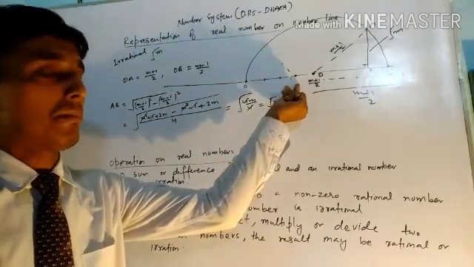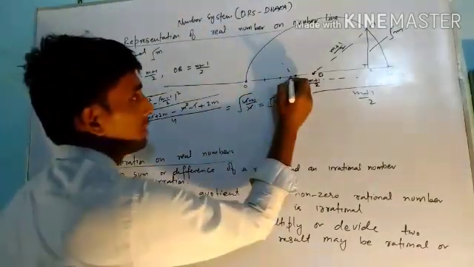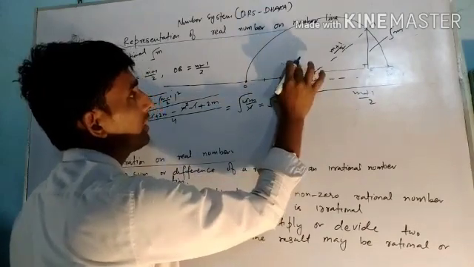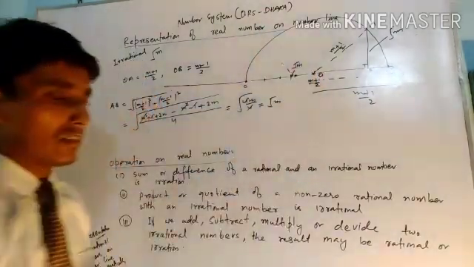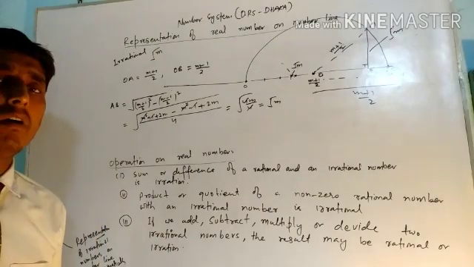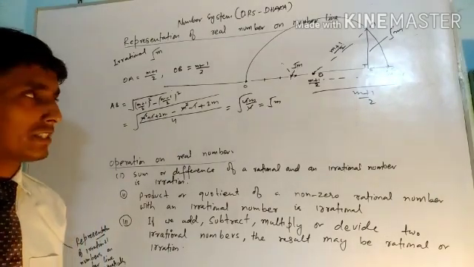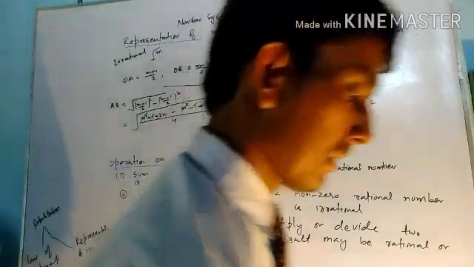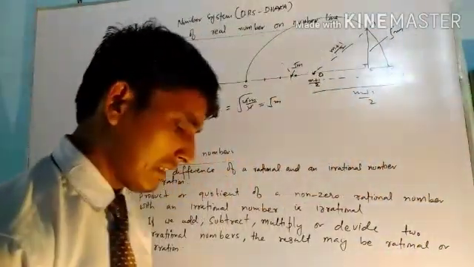Mark with the help of your compass on the number line. So this point will show root under m on the number line. So that is how you can represent an irrational number in the form of under root of some non-perfect square on the number line. So we will move to the next topic.